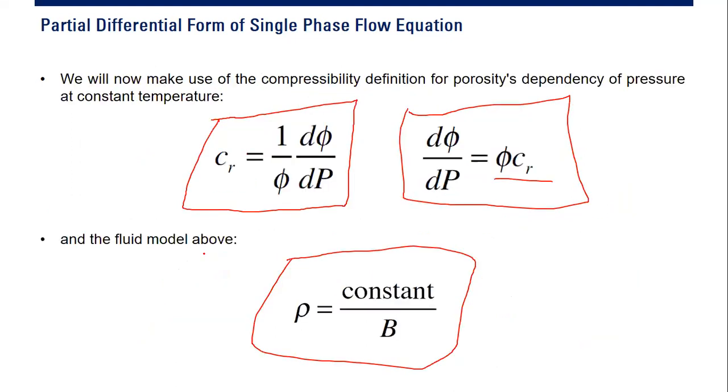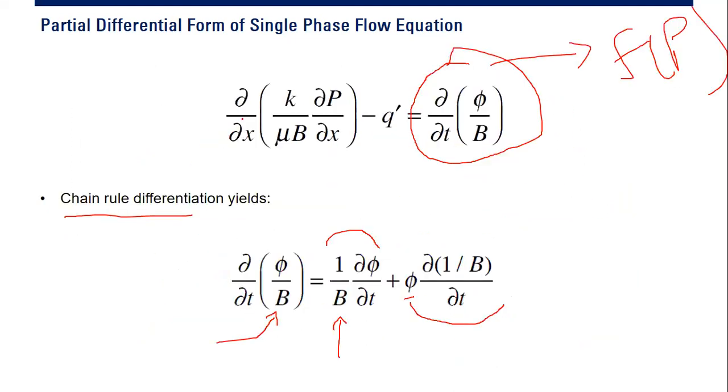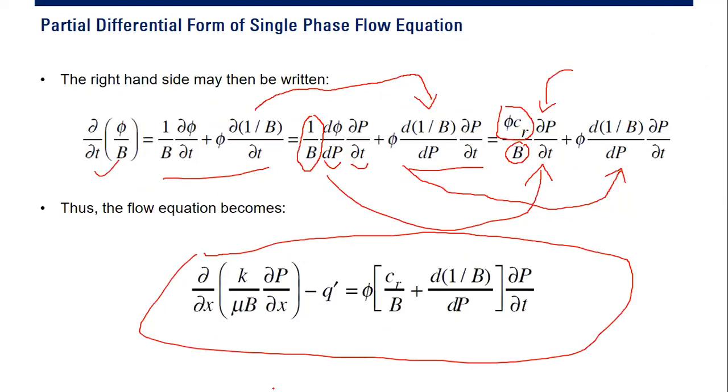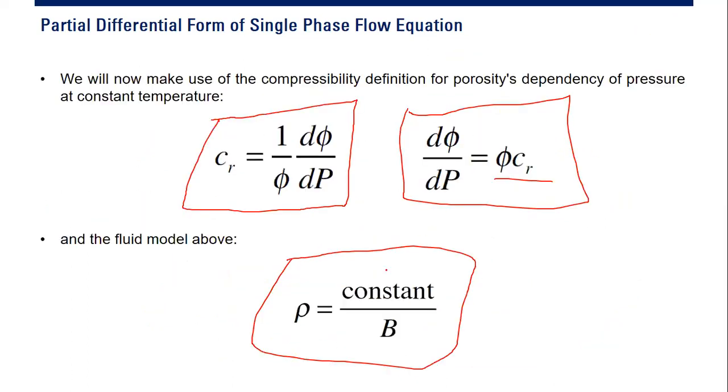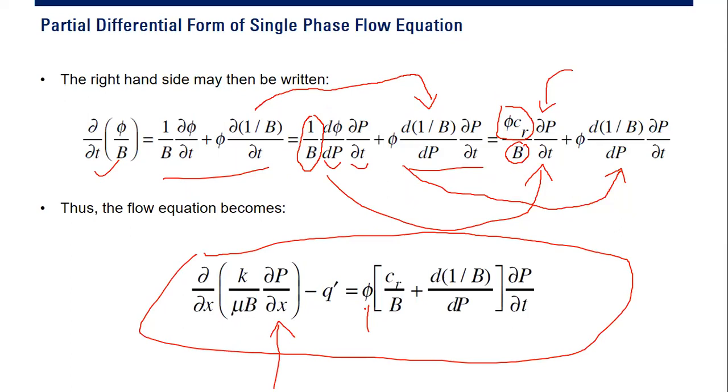Yeah. So starting from here, d/dx of K per mu formation volume factor dp dx minus Q. Yeah, we keep that one. The left-hand side does not change. Right-hand side, we use this expansion. So we have porosity, because we have porosity here and porosity here, so porosity can be put outside.